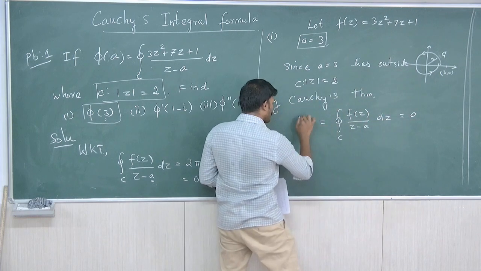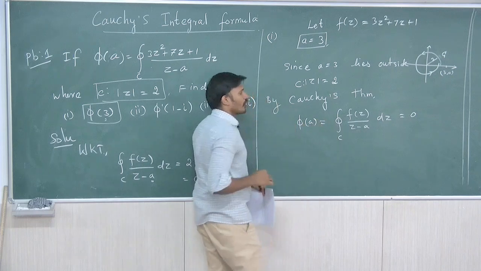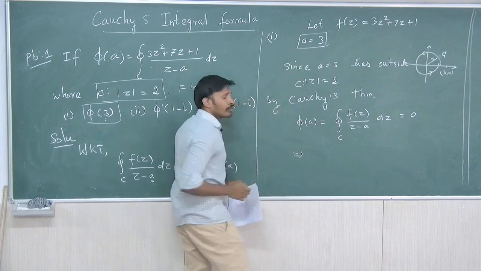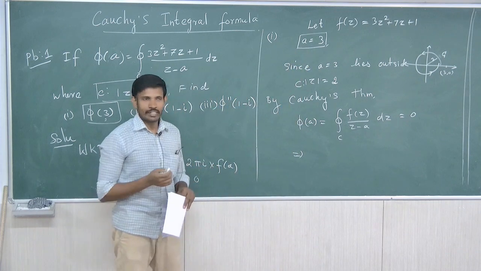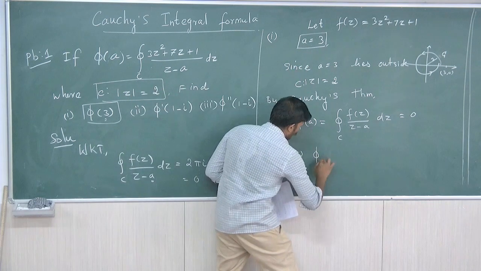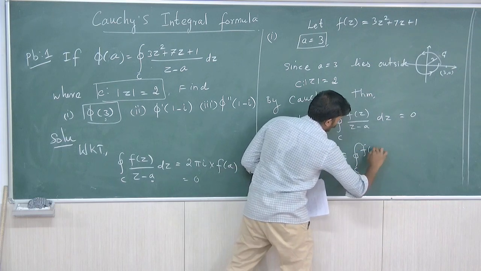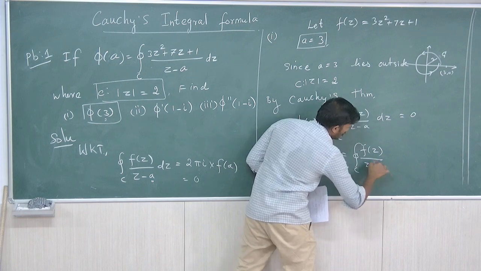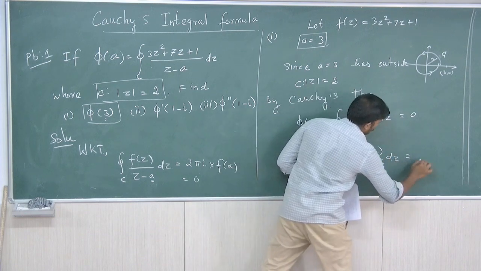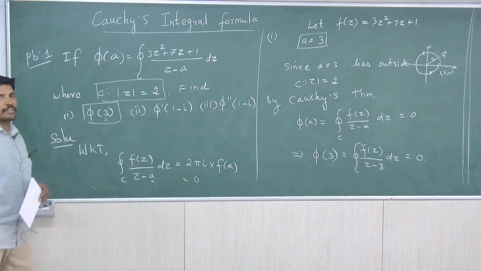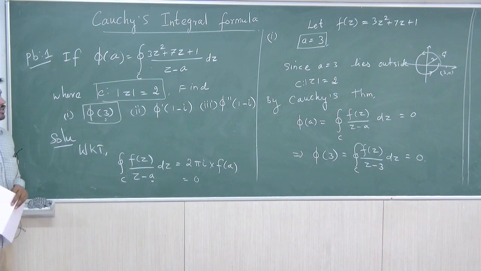This value is nothing but phi of a. Already we have taken a as 3, so you can substitute: phi of 3 equals the integral over C of f of z divided by (z − 3) dz, which equals 0. This is the answer for the first one.